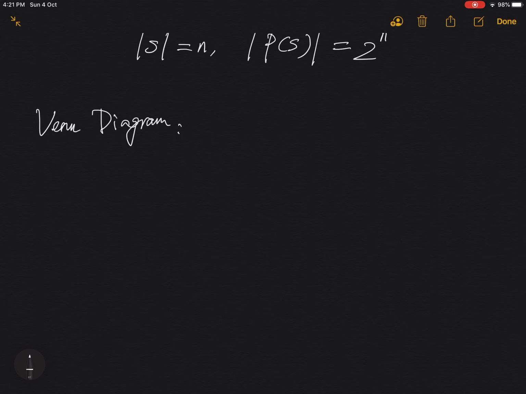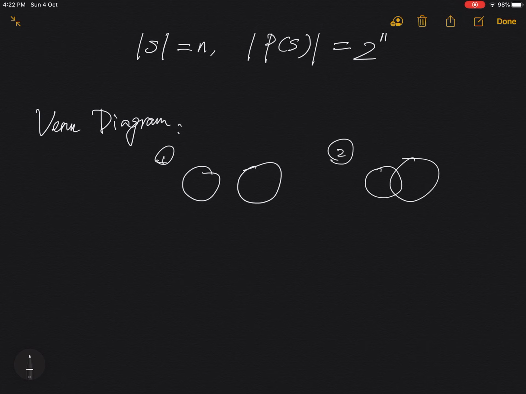So, in short, a Venn diagram is used to show the relations between several sets, such as we can have two sets like this, and then two sets like this, right?